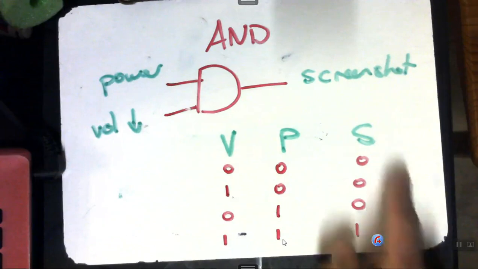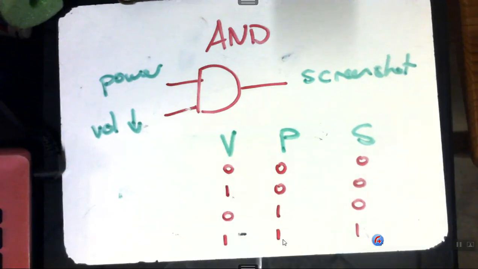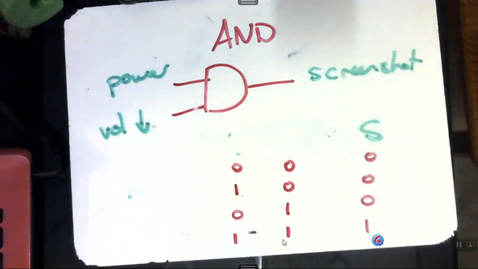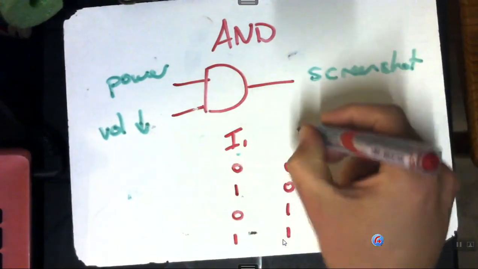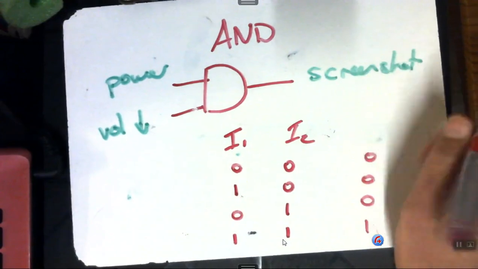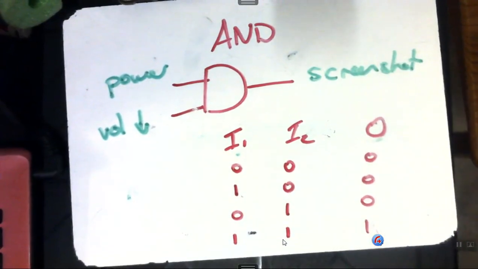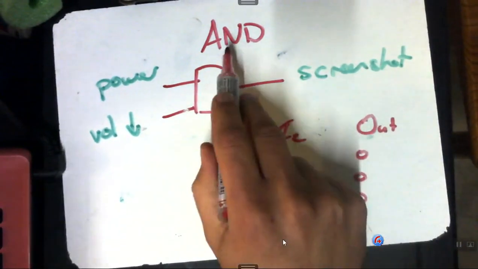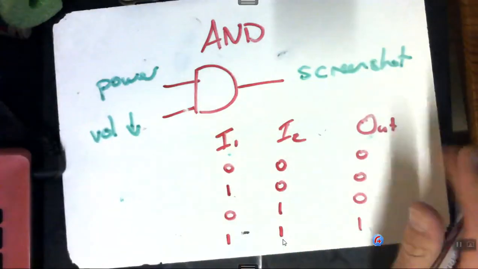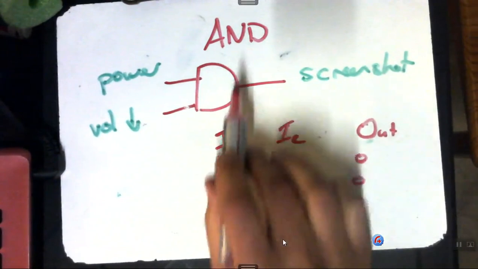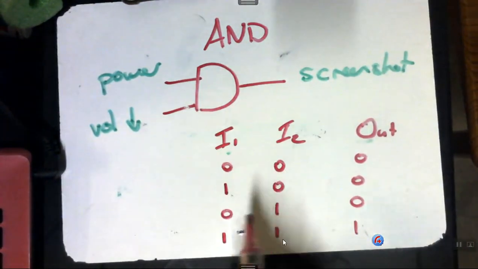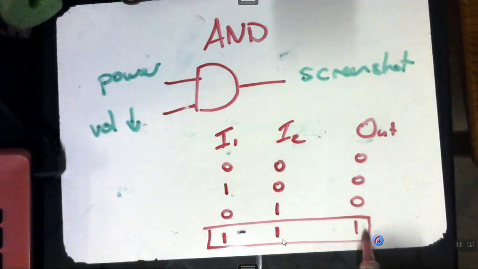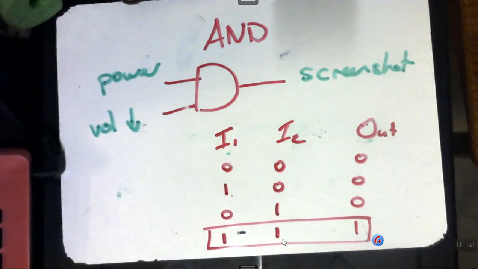Now what we see here is a truth table. We can make this input 1, input 2, and this is the output. The AND gate's truth table helps us to remember that the only time there is an output is when both inputs are on.